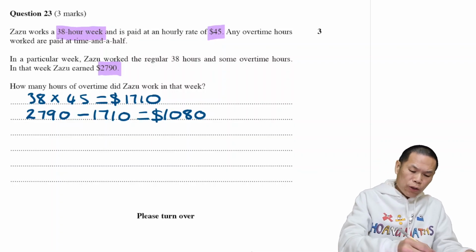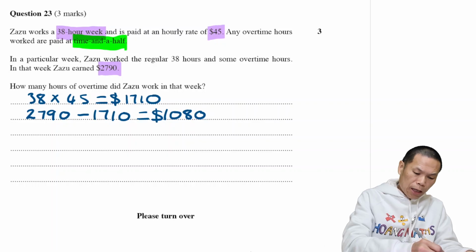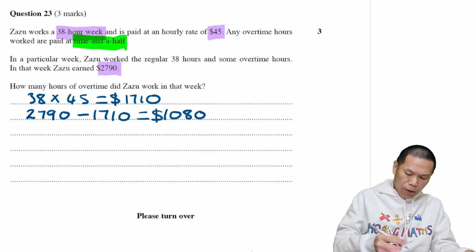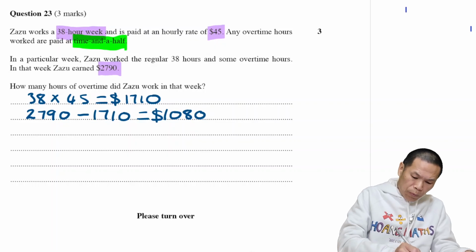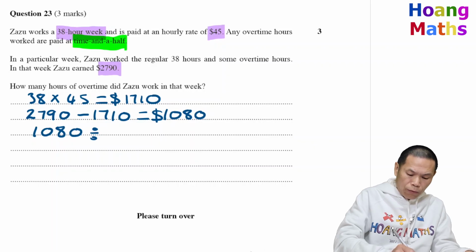And we know that overtime will get time and a half. So we're going backwards, so we divide by 1.5. That means 1080 divided by the rate, which is 45, and then we divide by 1.5.